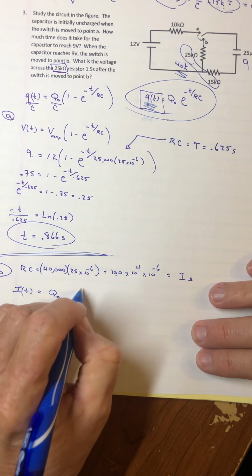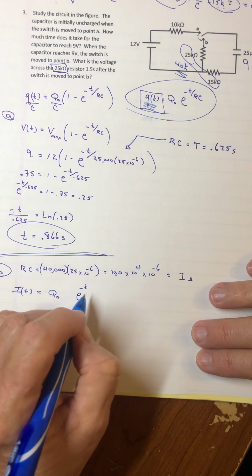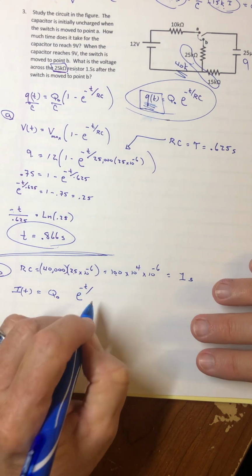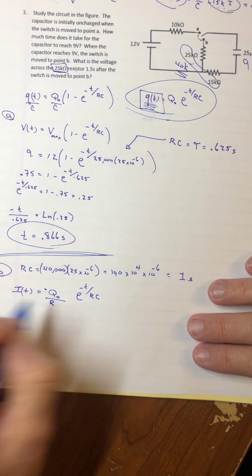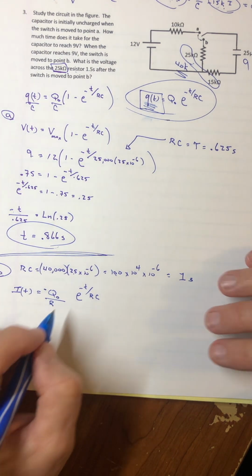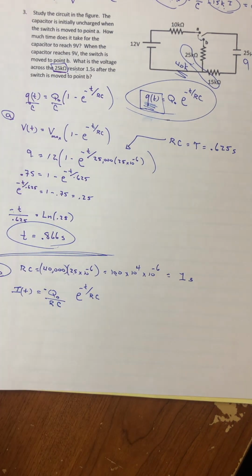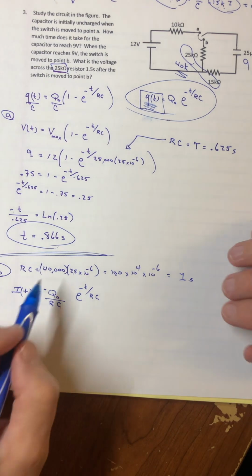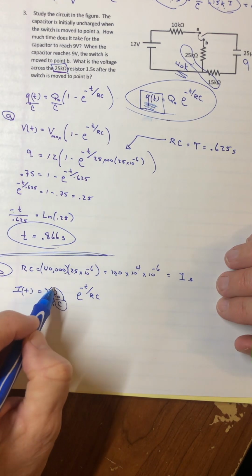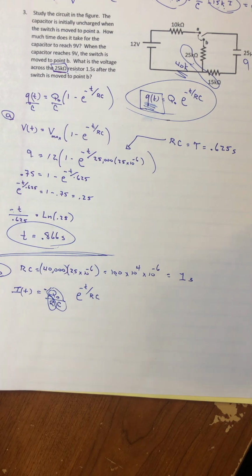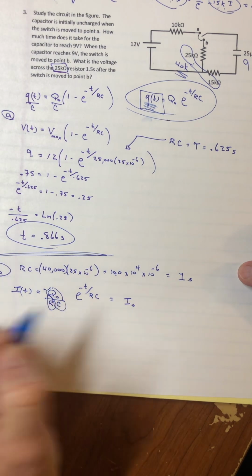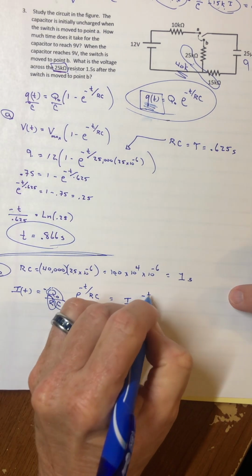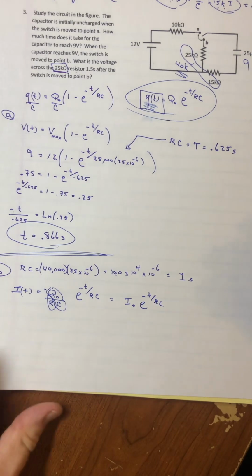Taking the derivative then here, this would be that initial voltage divided by the resistance, and so that's going to be the initial current coming off of the capacitor.